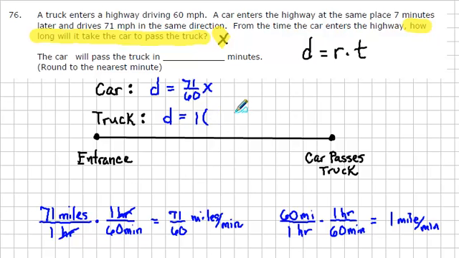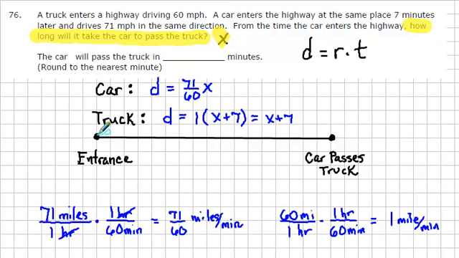And we need to multiply by the time, and the truck entered the highway 7 minutes prior to the car. So the time will be x plus 7. And this simplifies to just x plus 7.